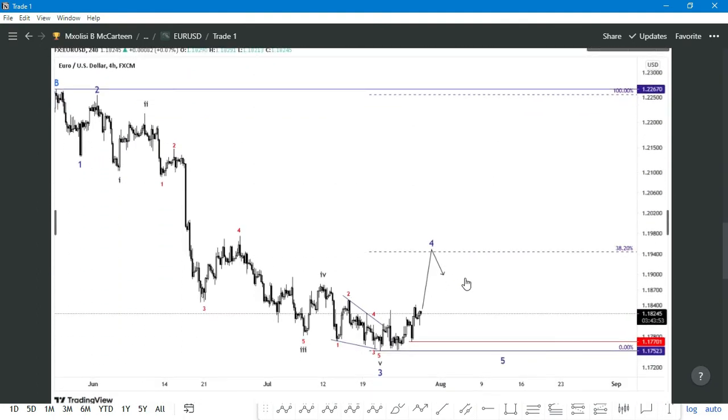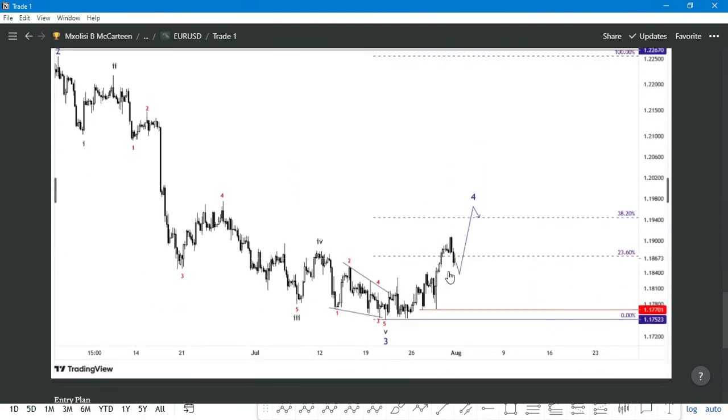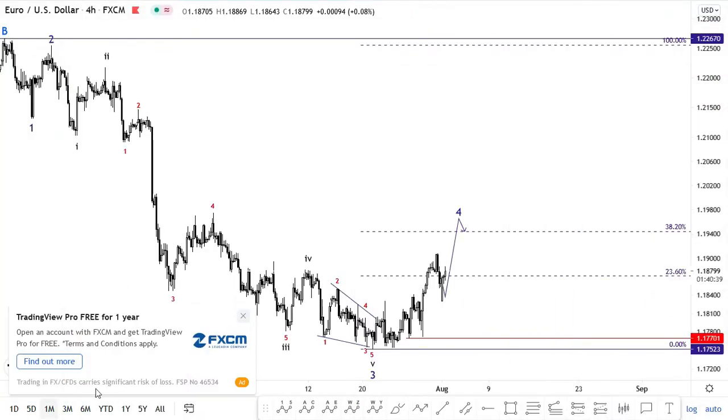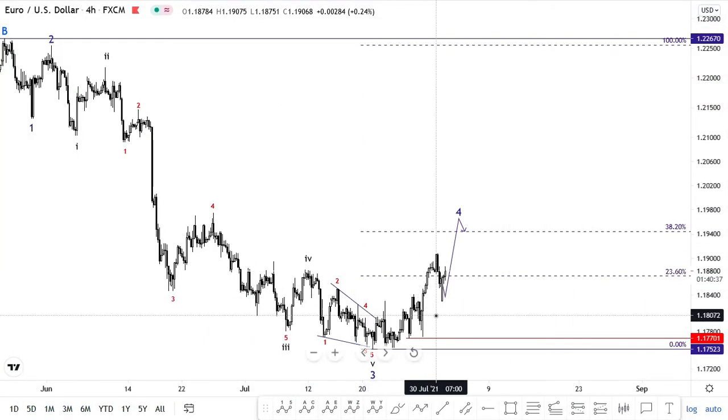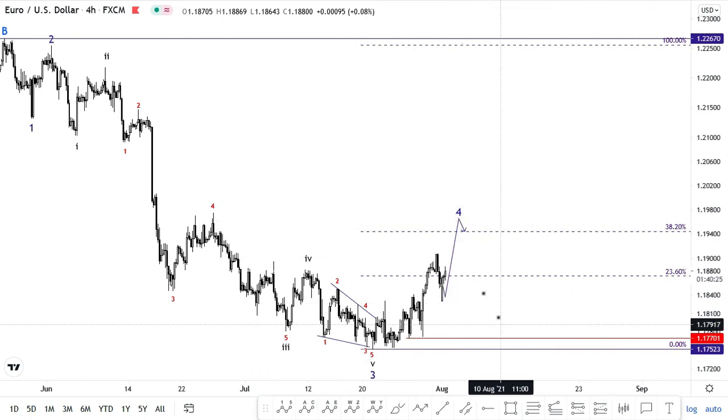And then we went on to see price pushing a bit up, and then again pushing a bit up. We entered at around these areas, so we are currently running in profit. So here's EURUSD, and from here ahead of this week, I'll be hoping to see price at least testing the 38.2 before actually falling.